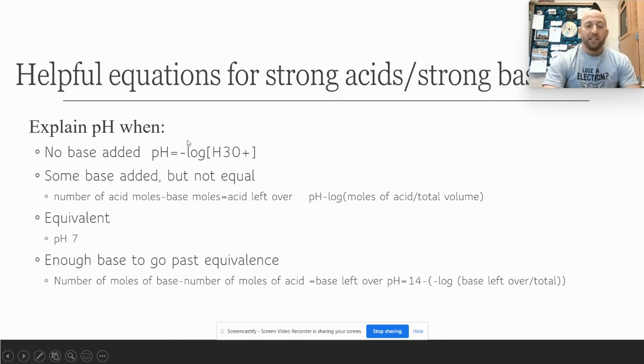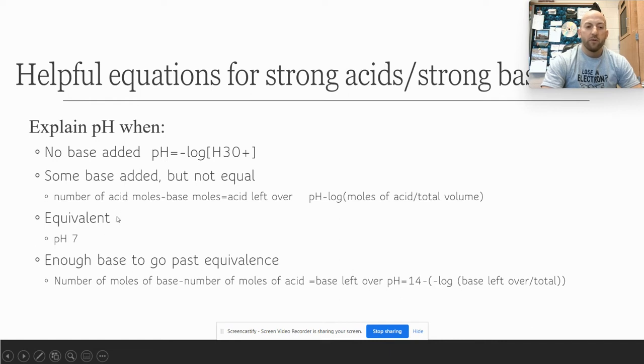To explain pH, when we have no base added, maybe this is just a dilution, or some base added, but not equal. So again, no base added, we just have the negative log of our hydronium. If we add some base, then we have to figure out what's been offset and then what free hydrogen ions we have left swimming around. That's kind of one of the big things that we're calculating. And so once we figure that out with some stoichiometry, we'll take the negative log of the moles of acid that are left over.